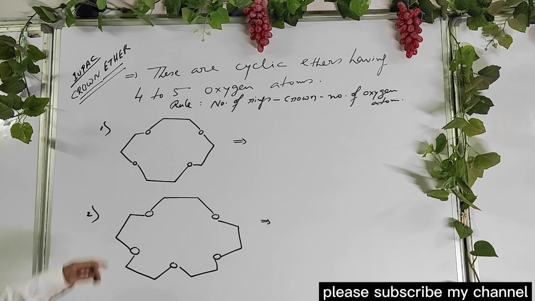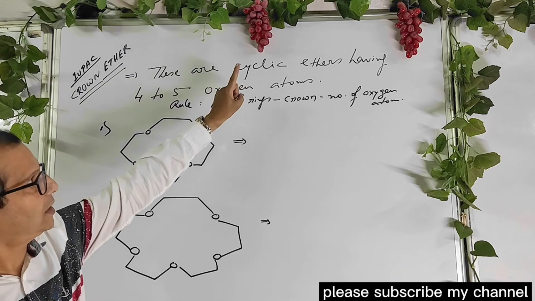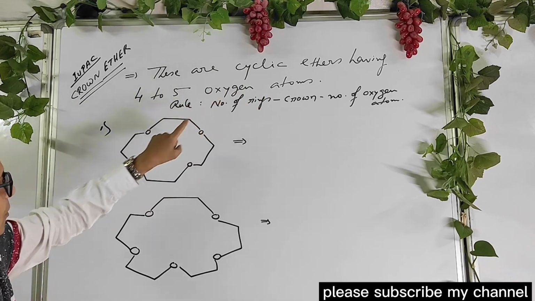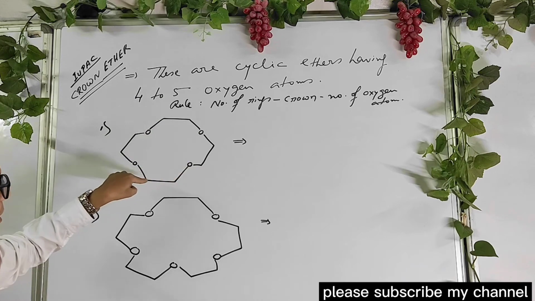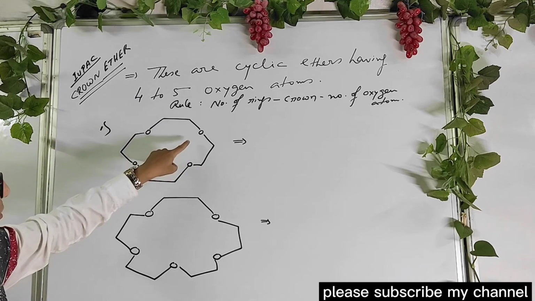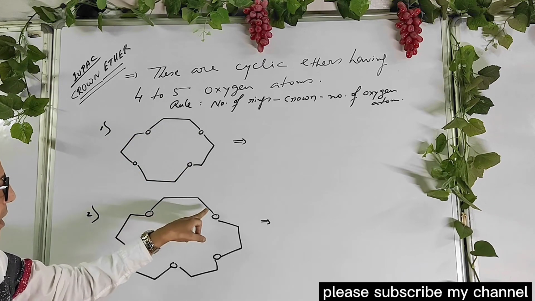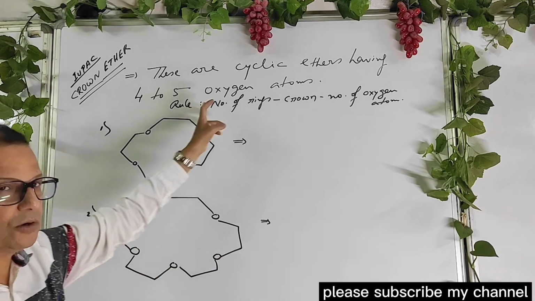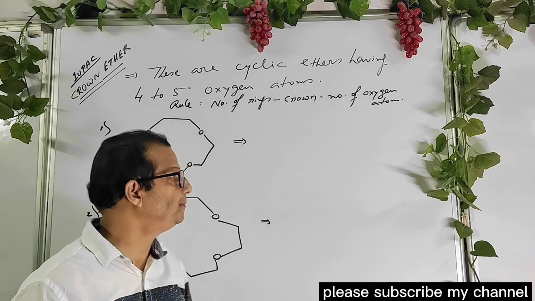These are crown ethers. This is a cyclic ether, contains 4 oxygen atoms. This is cyclic ether, contains 5 oxygen atoms. So these are called crown ethers, okay.